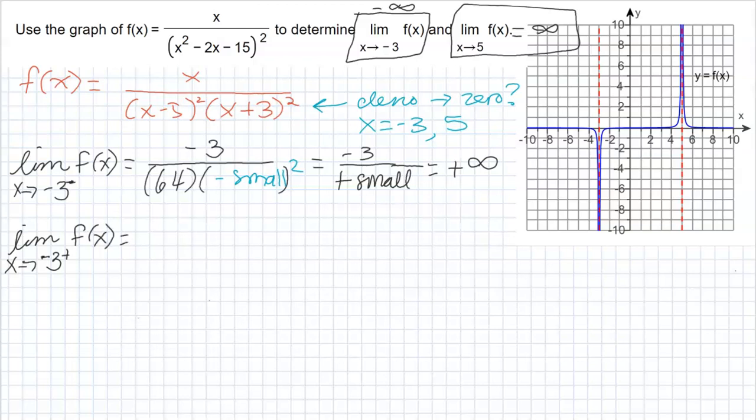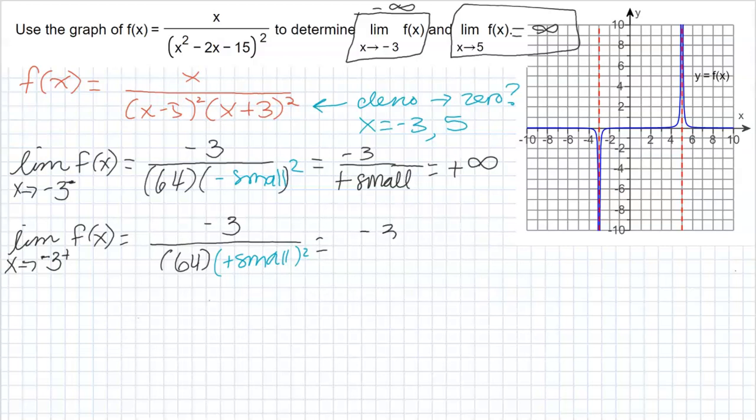Approaching negative 3 from the right, the numerator stays roughly negative 3. The first factor stays roughly 64. And the second factor, even though this is going to be a positive small, when we square a positive small, it still is going to be a positive small. So that doesn't change because of the square.